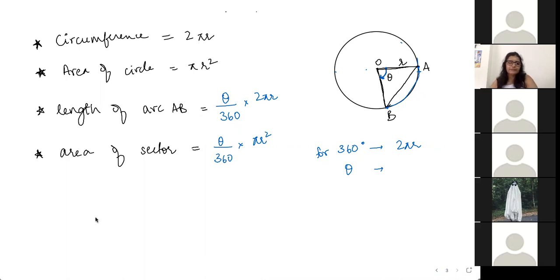Now, if we have to find the area of a segment, okay, how would you find it? So segment means I'm shading here. So if you want to find the area of the shaded area alone, how would you find it?